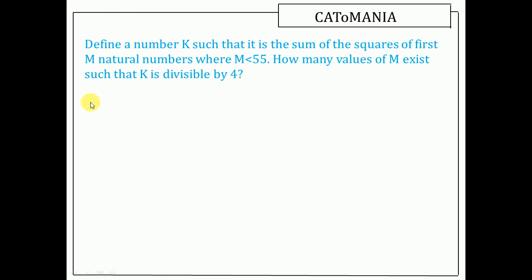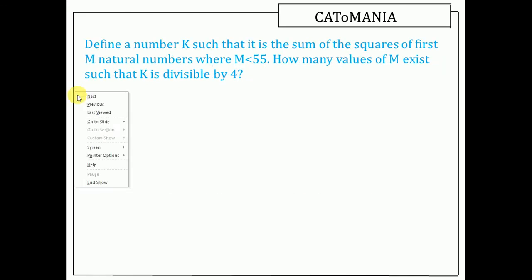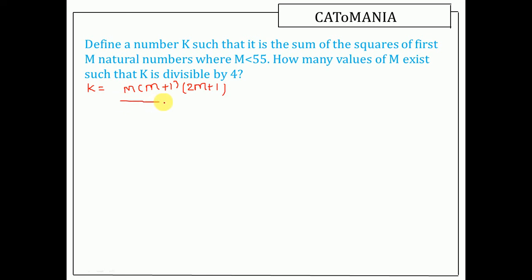So now k is equal to m into m plus 1 into 2m plus 1, divided by 6, where m is less than 55. We will keep this constraint in our mind. And how many values of m exist such that k is divisible by 4?